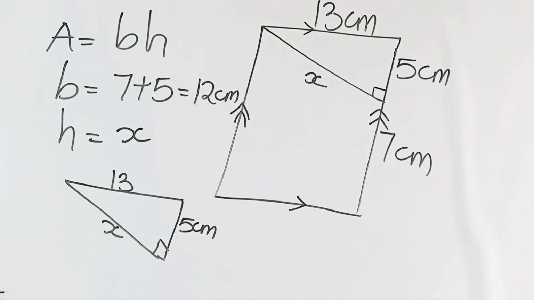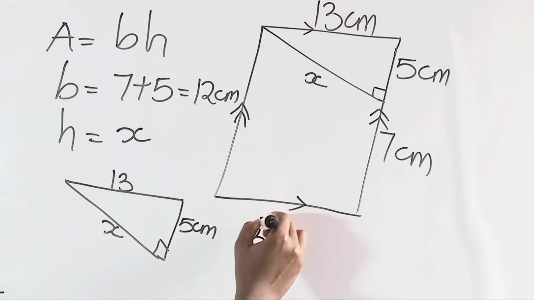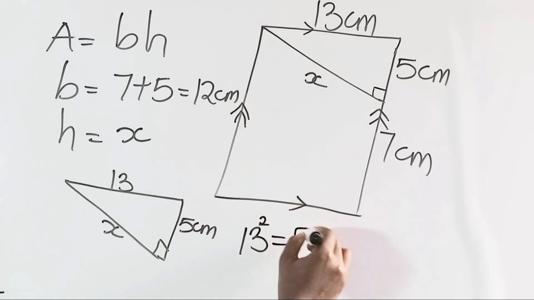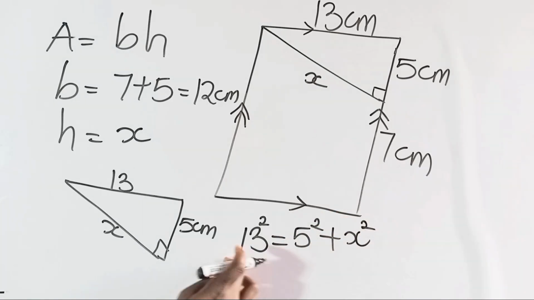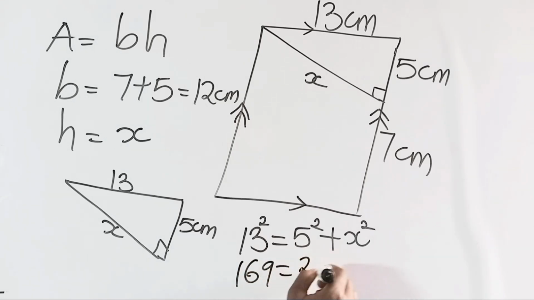Doing that, this is the hypotenuse, which is 13 squared. 13 squared is equal to 5 squared plus x squared. The square of 13 is 169, equals 25 plus x squared.